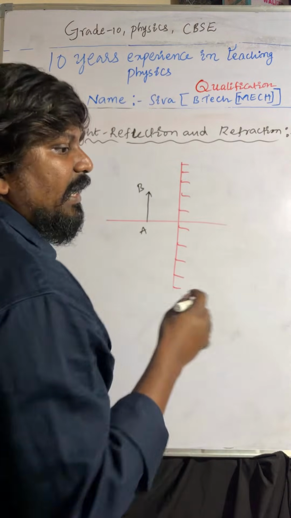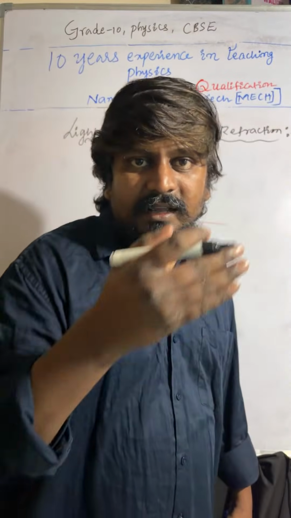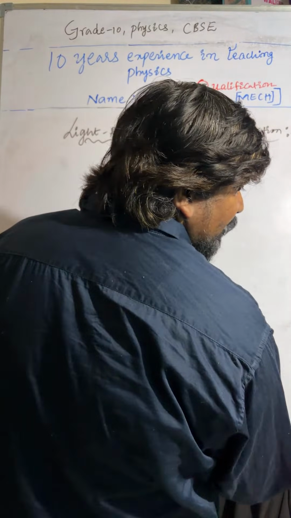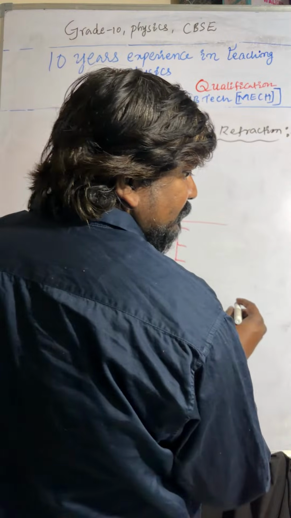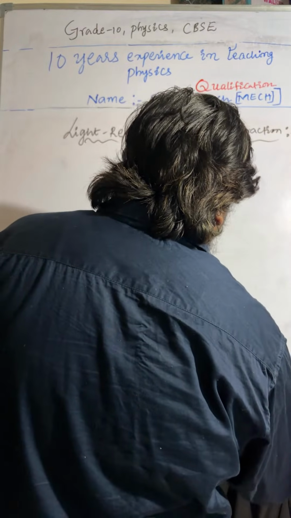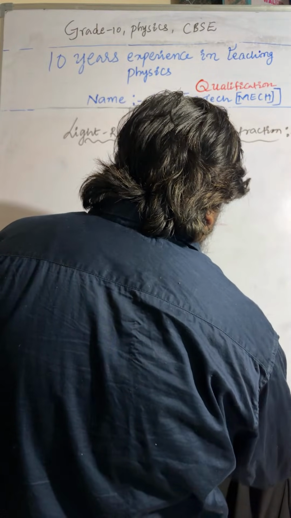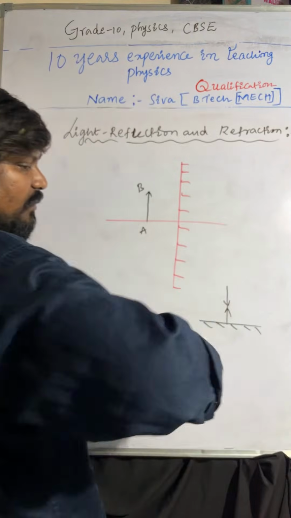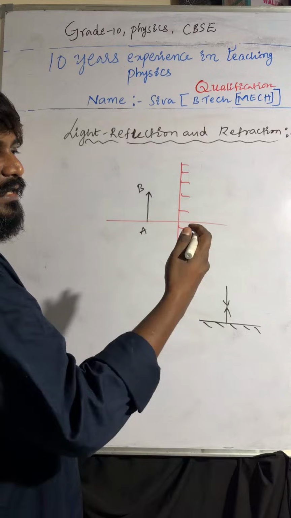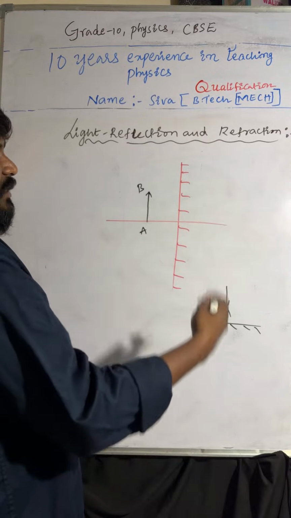When a light ray is passing along the normal line, you can observe here, what happens? It rebounds. So it moves in the same direction. Understood or not?